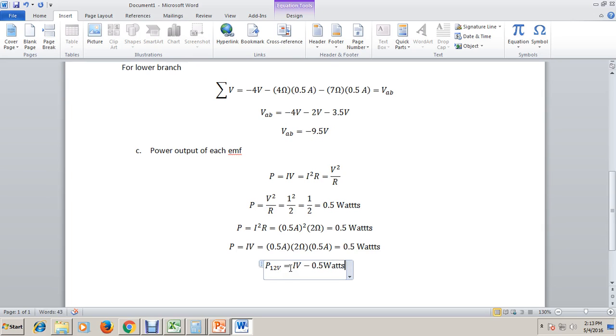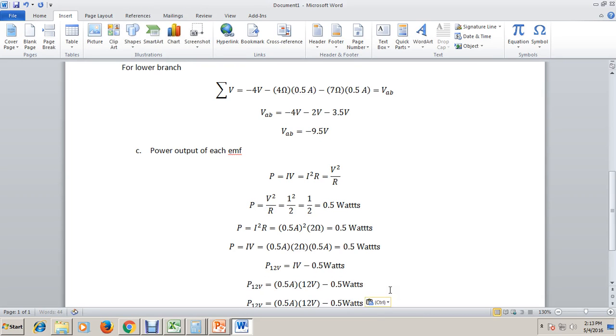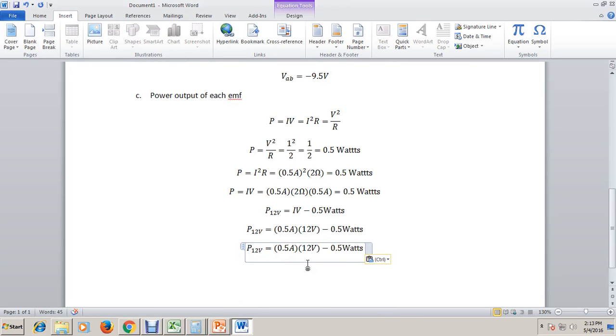Okay, so I is 0.5 amperes and the voltage would be 12 volts, minus 0.5 watts. So what happens here is 0.5 times 12 gives us 6 watts.